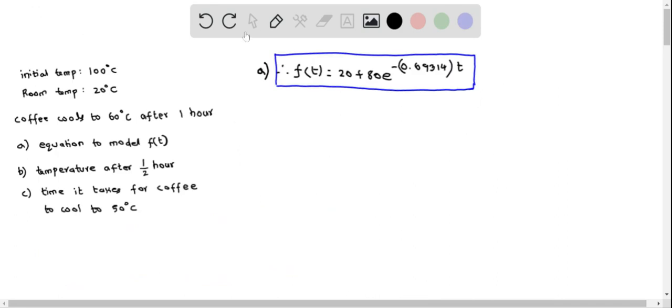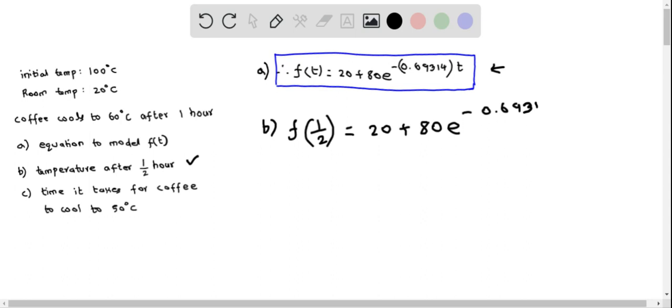We now answer part B, that is, we have to determine the temperature of the coffee after half an hour. So this means we will utilize the model which we have found in part A, and we just replace t by 1 by 2 in this model. So let's do that. Therefore this becomes f of 1 by 2 equals 20 plus 80 times e raised to the power of negative 0.69314 multiplied by half.